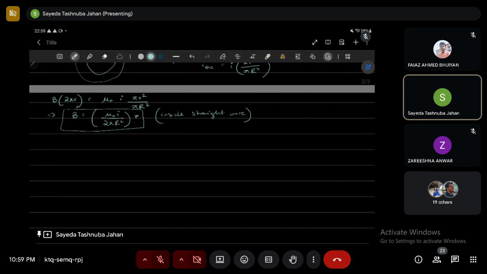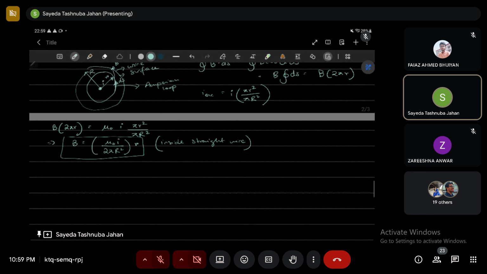Okay. So in this case, you can see that inside the straight wire, the magnitude of the magnetic field is proportional to r, right? So in that case, if we want to find the magnetic field at the center, which is the source, you will see the magnetic field will go to 0.